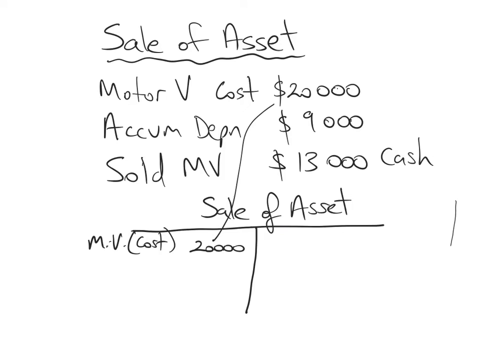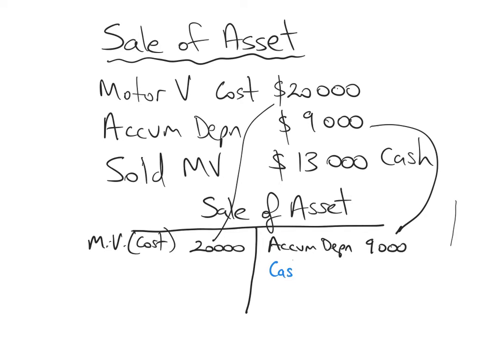Over the other side of the account, we've got the accumulated depreciation of that vehicle. And the accumulated depreciation of that vehicle up until this year, until the date we sold it, was $9,000. And it says here, we sold it for cash, $13,000. Now you remember from year 11, if you sell that for cash, cash at bank will be debited, but the sale of asset account is credited.